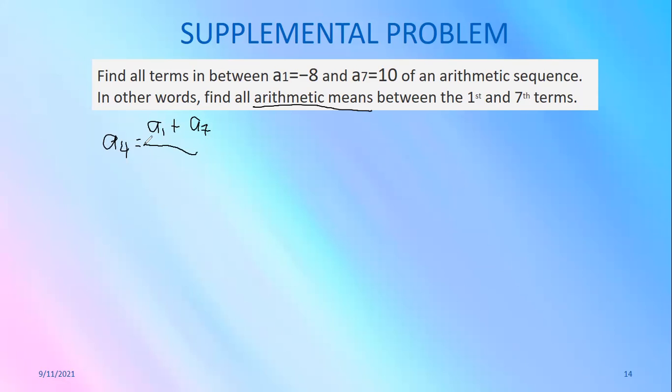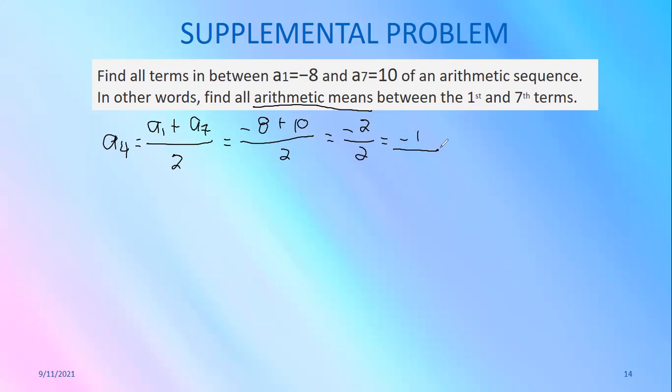Then we divide it by 2. Okay, so this will be negative 8 plus 10, divided by 2. And this is equal to 2 over 2, which is equal to 1.